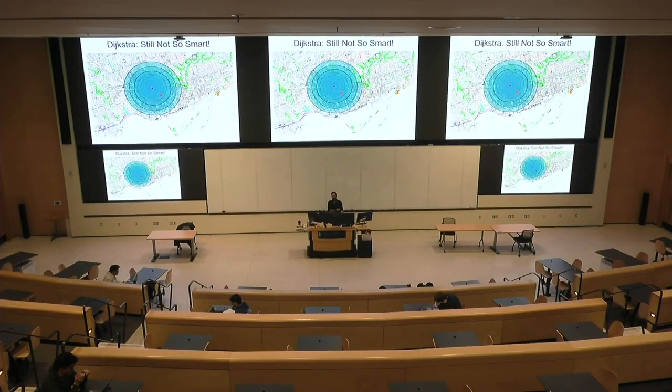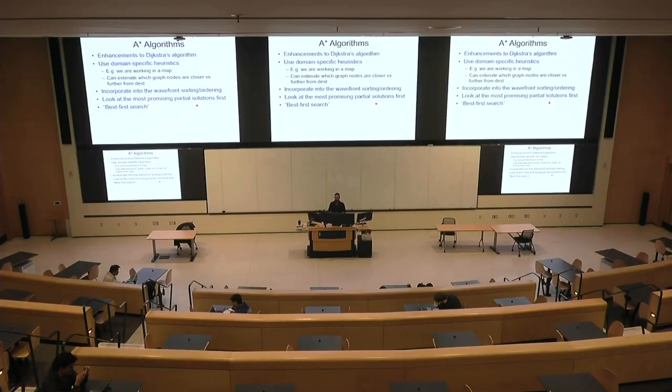So I want to try to find a better algorithm to do this. Why are we examining the nodes in the wrong direction here if we're not going to use them? There are several approaches to do this. One of them is a very popular class of algorithms called A-star algorithms.